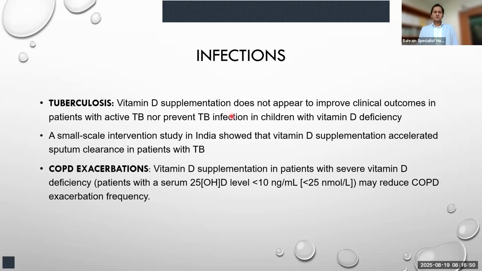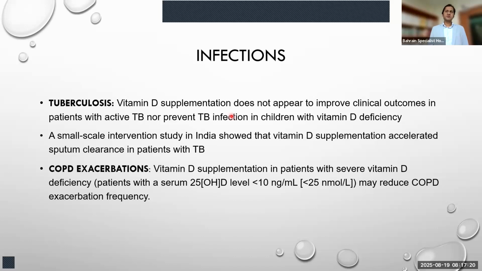Regarding infections, one study carried out in India showed that vitamin D supplementation in smear positive tuberculosis patients leads to rapid clearance of sputum. But it didn't help in the prevention or the treatment of tuberculosis. Yes, the bacteria was cleared early from the sputum, which is supported by vitamin D's role in the immune system.